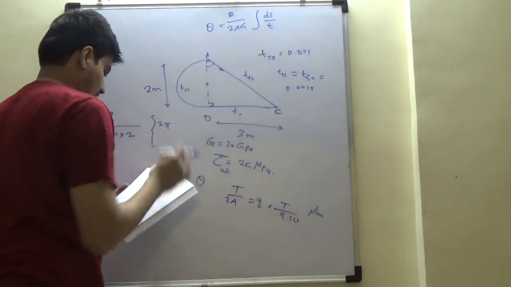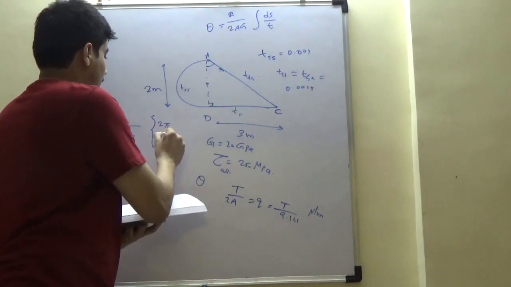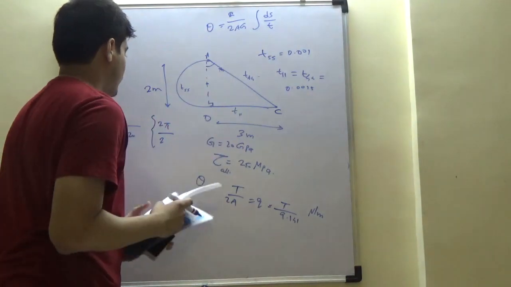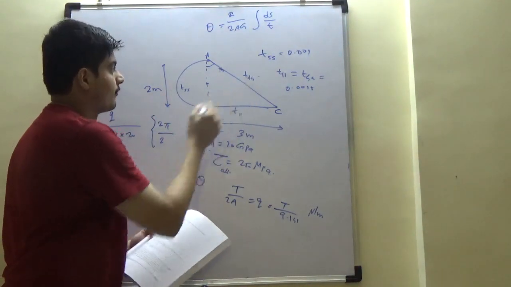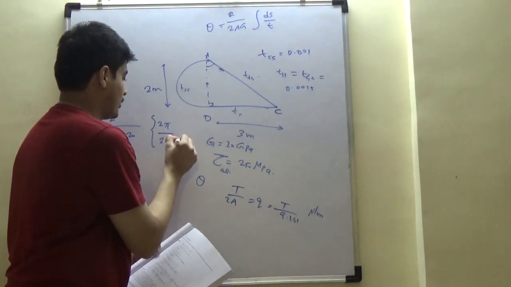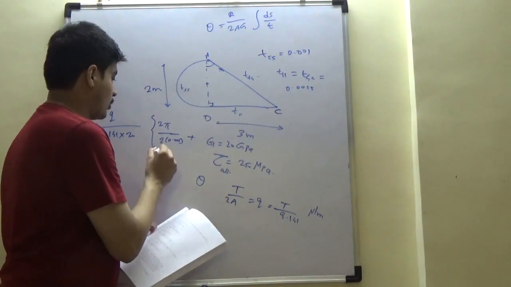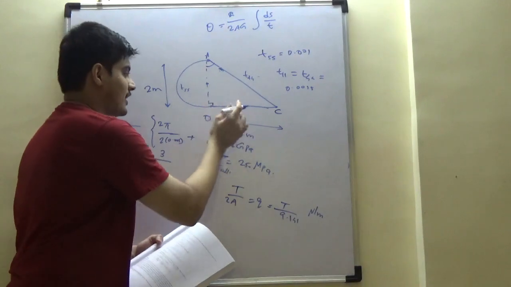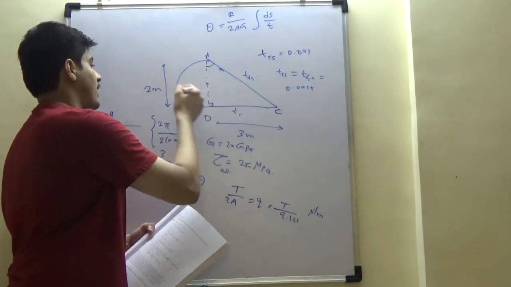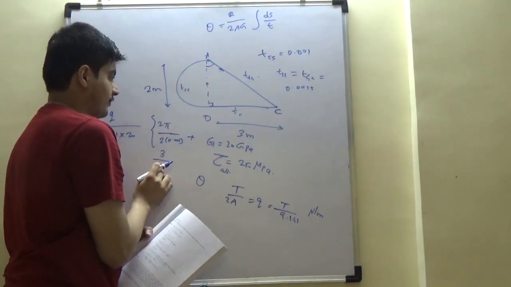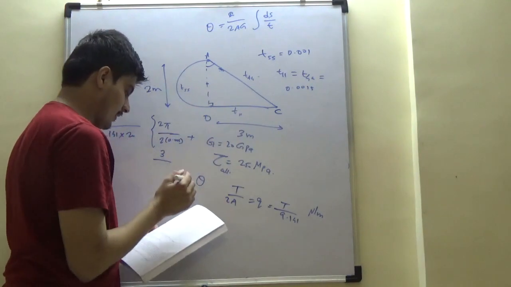ds upon t is going to be 2 pi upon 2 into T55. So the thickness along this is 2 pi upon 2 into 0.001, plus along this is going to be 3, because S is nothing but 2 pi r. So 2 pi upon 2 into this, upon 3 into T11.